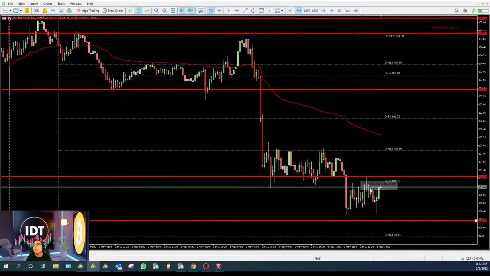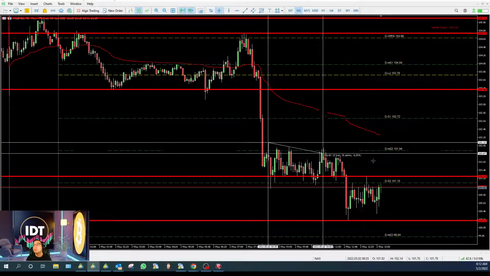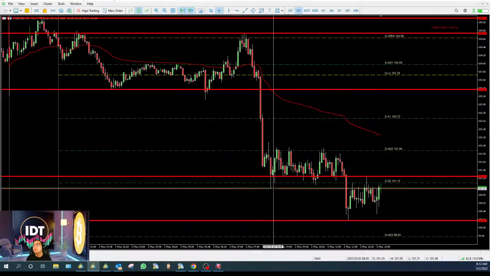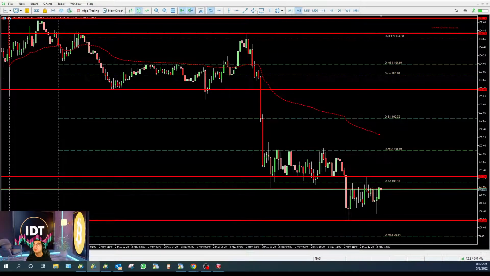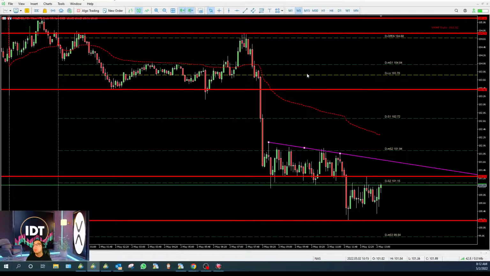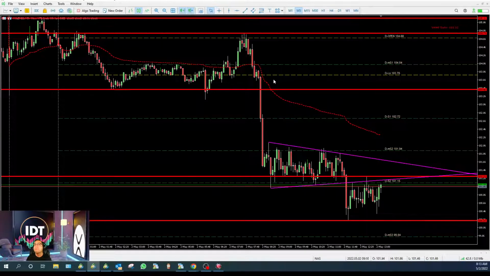Mark that there. See what happens when it breaks out of this. Might scalp it a little bit. That looks good.